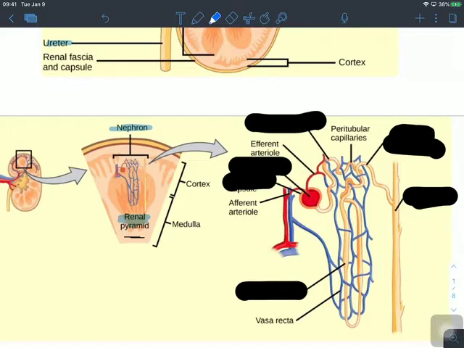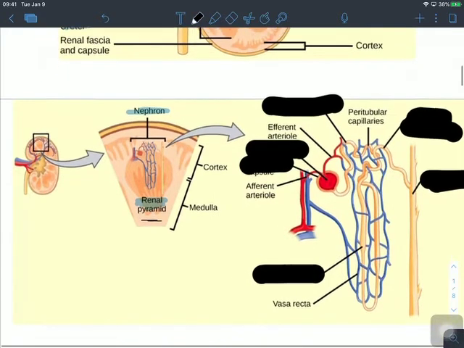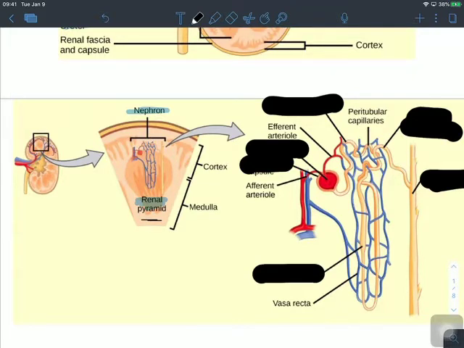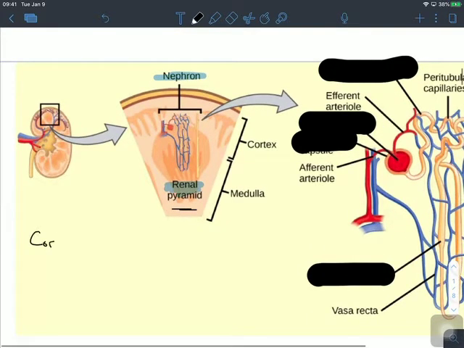But before we get to those, let's talk a little bit about the nephron itself. There are two different types of nephrons: cortical nephrons that make up 85% of your nephrons. These are ones that are present in the cortex. And then you have ones that are juxtamedullary.